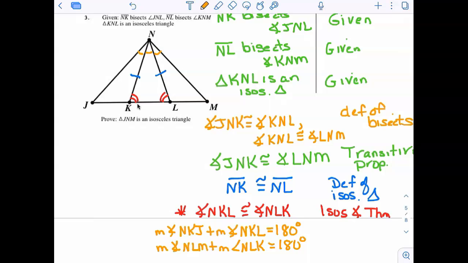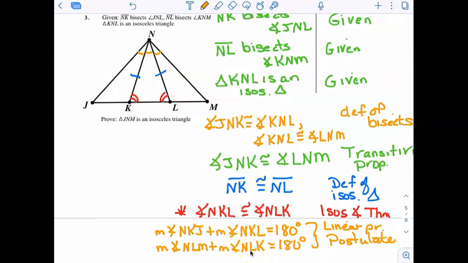Okay, and we can state that by the linear pair postulate. Okay, so again, notice back up here, we stated that angle NKL is congruent to angle NLK. So we've notated that these two are the same.